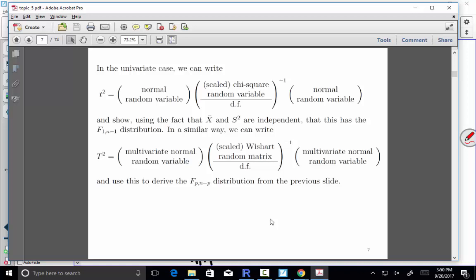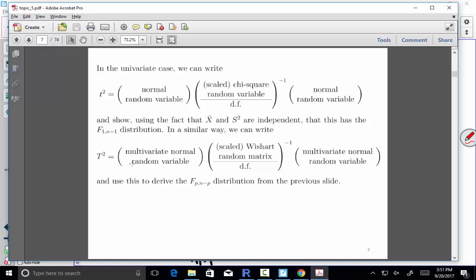We could skip this slide. If you're interested in the mathematical theory, the distribution theory, there are some connections between the univariate t and the multivariate t. The t could be written, if we squared it, as normal times chi-square inverted times normal again.